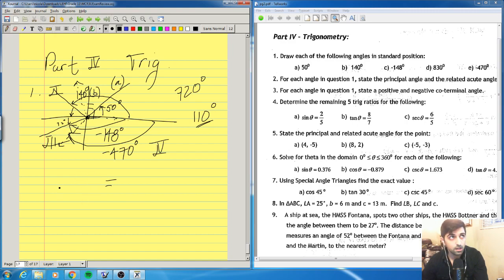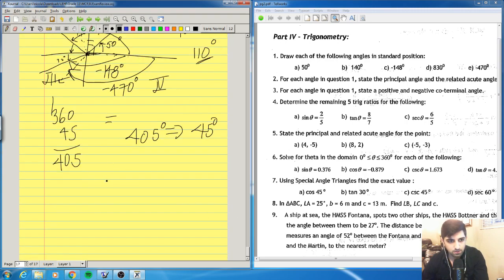360 degrees plus 45 is 405. So 405 degrees will look the same as 45 degrees. It'll just be an arm going this way in the quadrants.